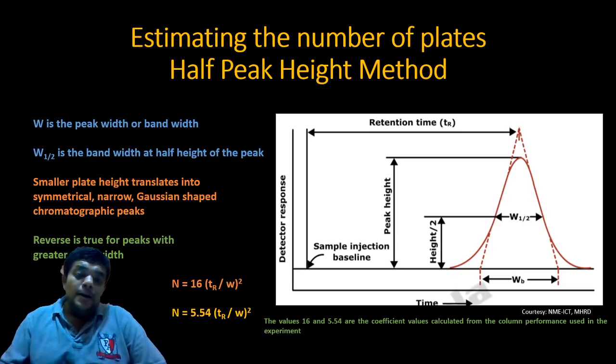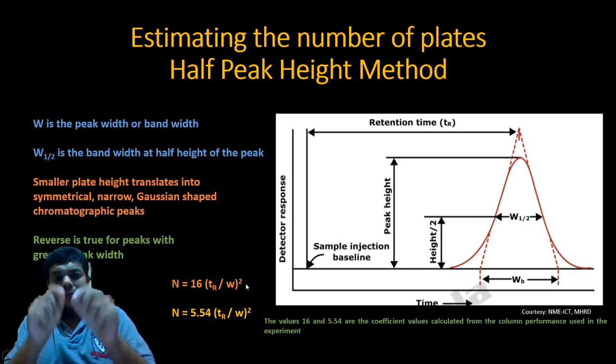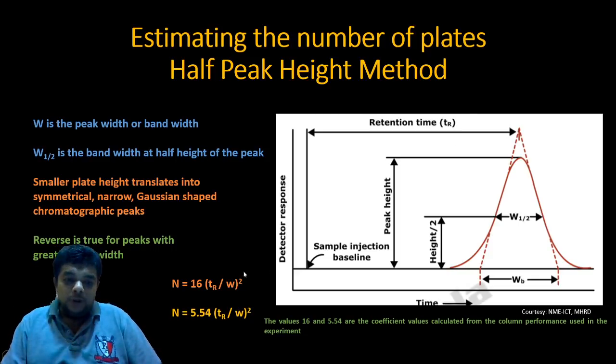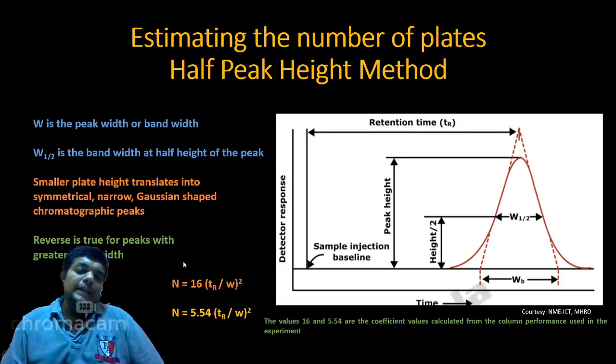So over here, if you know the width, and width can be known from the computer. If I ask the computer to give me this distance, it will give. I'll put it over here. This will be the time provided to me by the computer, tR retention time. 16 is the value, I'll get my answer n.